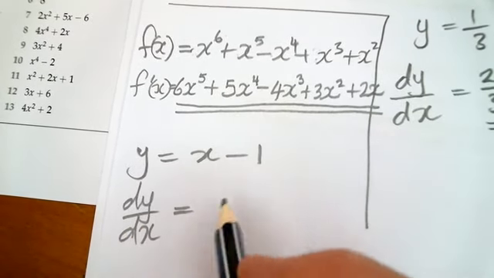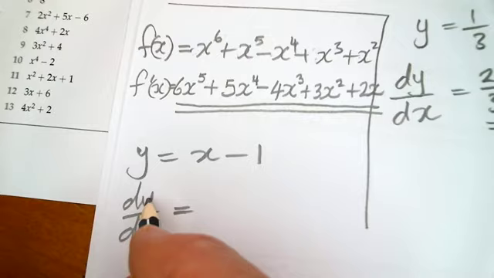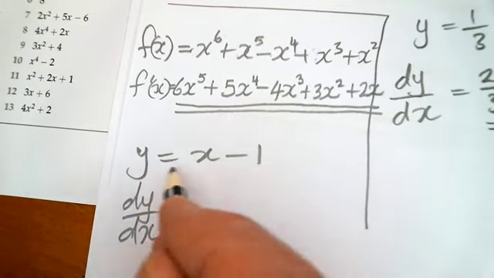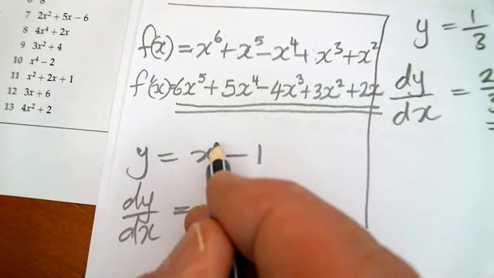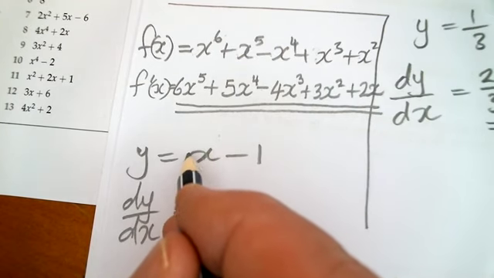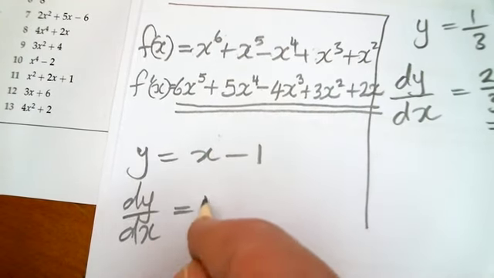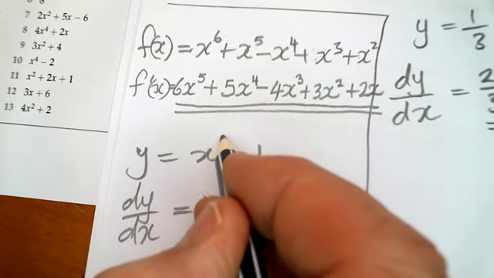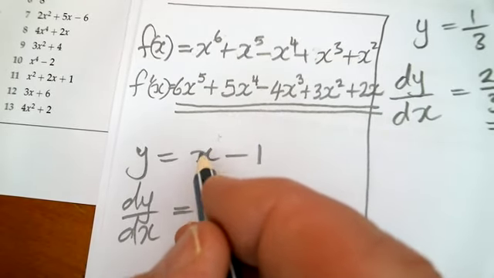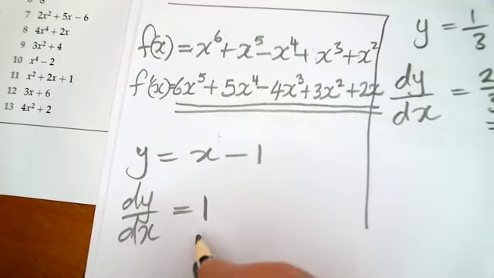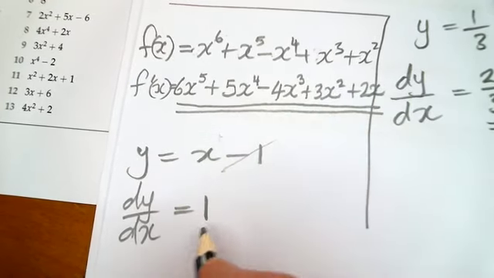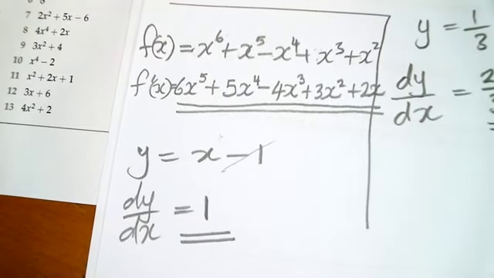Remember, we're differentiating y, which is the whole thing, with respect to x, not with respect to 1. So the x has a power of 1, 1 times the coefficient, which is 1. 1 times 1 is 1. The power now becomes a 0, and anything to the power of 0 is 1, and 1 times 1 is 1. Of course, the constant just falls away, so the answer is just 1.